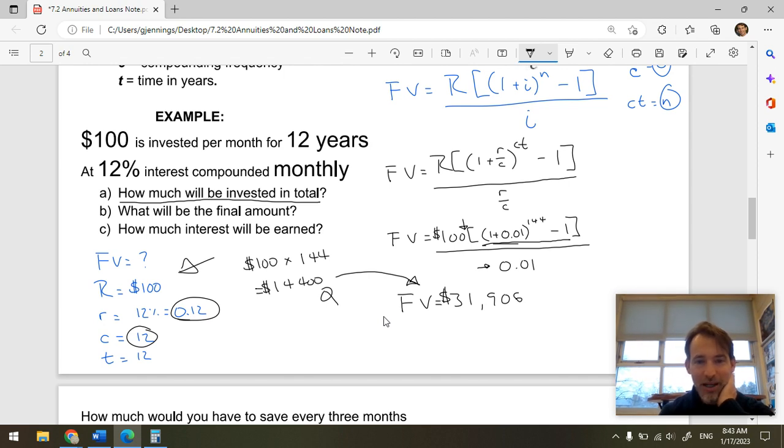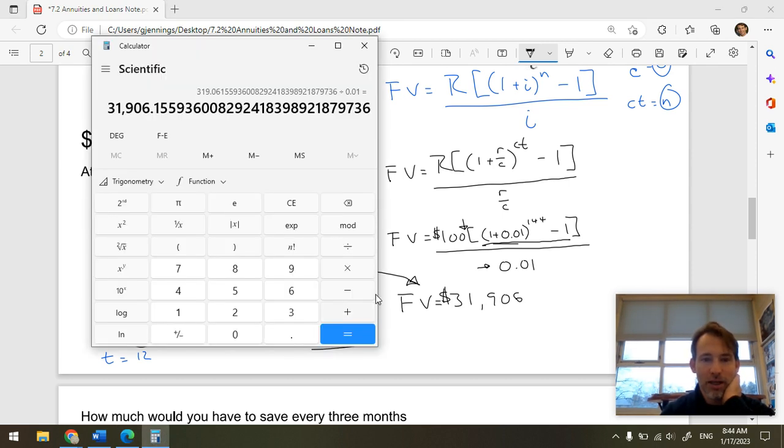Okay, so let's figure out how much interest we had. This is like the regular deposit times the number of compounding periods. If we do the future value minus the total number of deposits, then that would give us the amount of interest that we have earned. So we would do 31,906 minus 14,400, and that's going to equal, oops, I did an extra 4 in there.